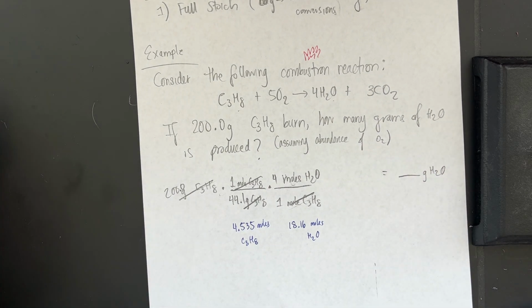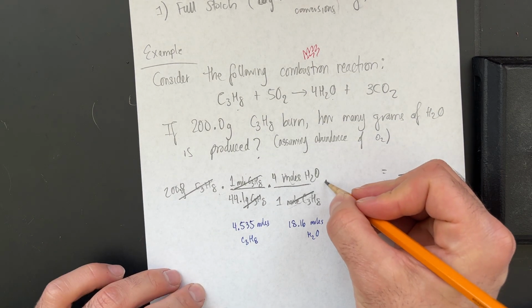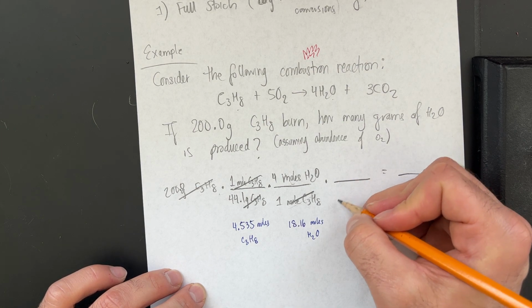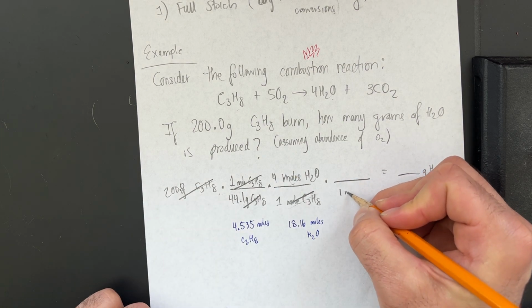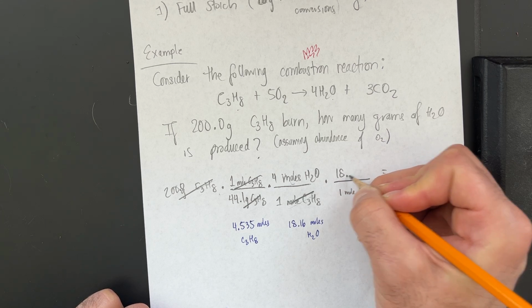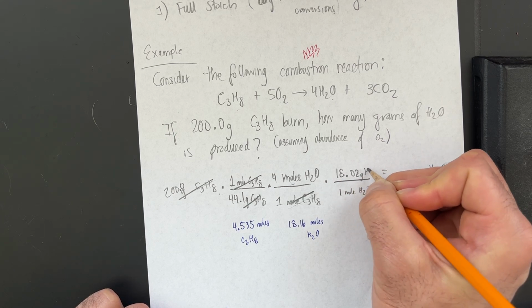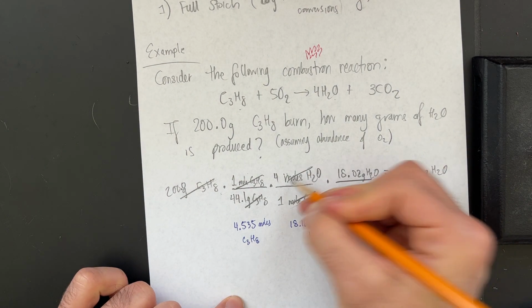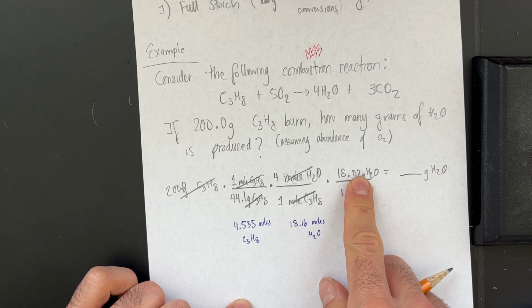And so how do we go from moles to grams? Again, just the opposite, same tool, molar mass. We have moles of H2O here, so we're going to put moles of H2O on bottom, and we're going to put the molar mass of H2O on top. 18.02, and so now moles of H2O will cancel and we'll be left with grams.